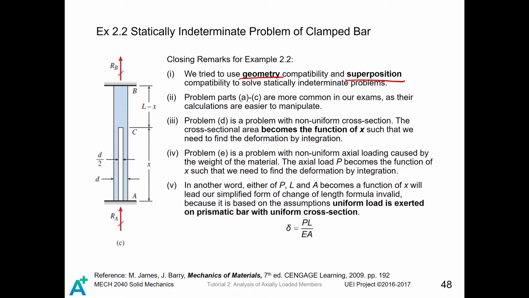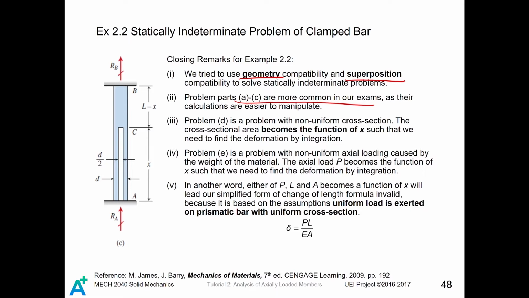A and C are more common in our exams, as their calculations are easier, because for D and E there are a lot of integrals. Sometimes it is very difficult to set some problems for it. But I can just say that in my offering, in my year, the continuously changing bar is not tested.